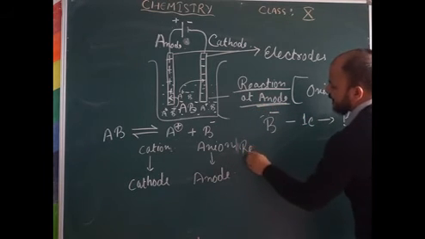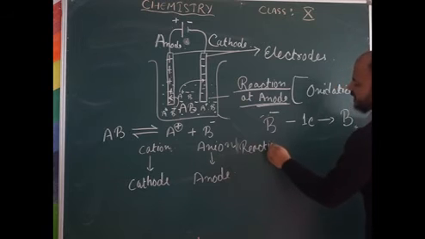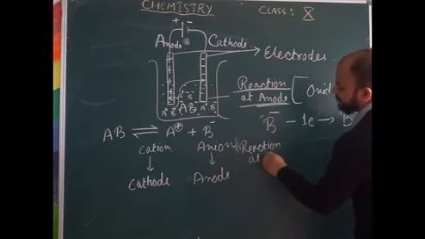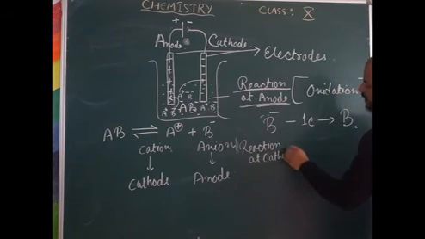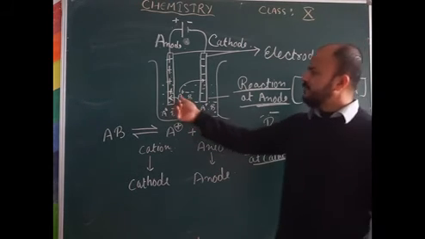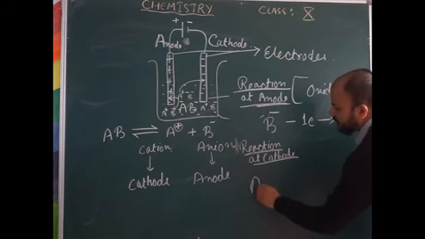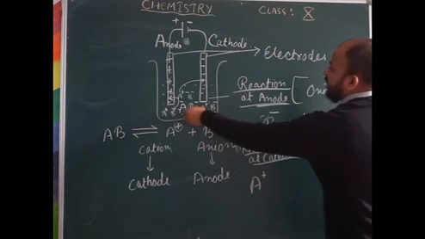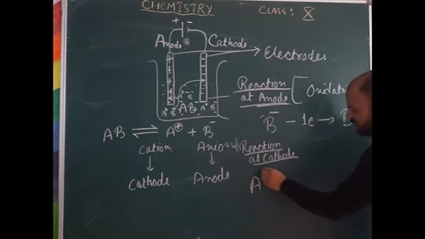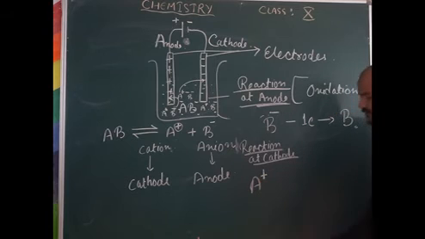Similarly, the reaction at anode is done, now the reaction at cathode. At cathode, which ion is going? The positively charged ion, that is A positive. Now A positive will go to the cathode. It is one electron less, therefore it's positive.